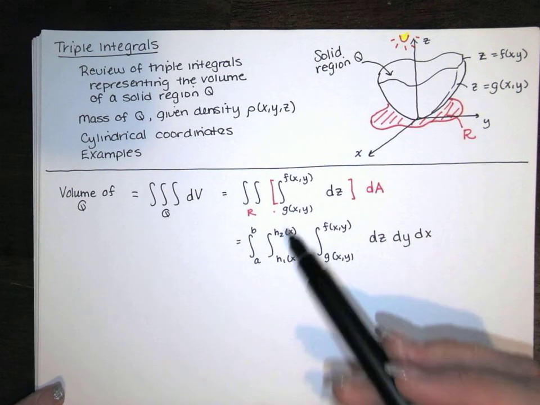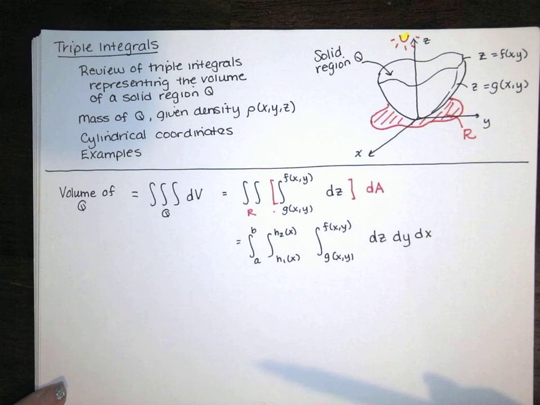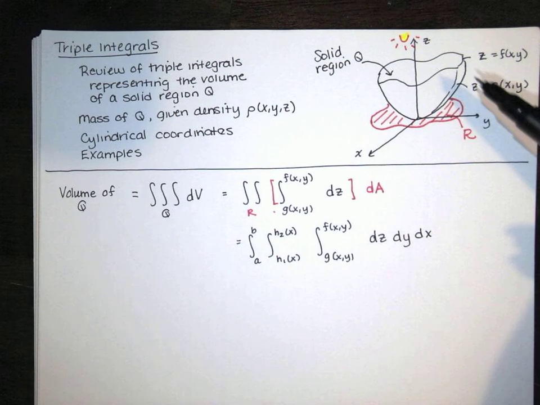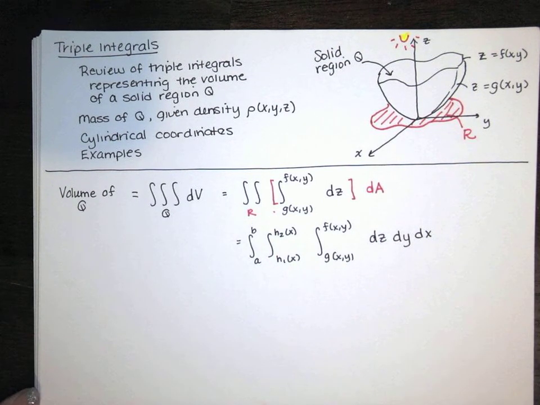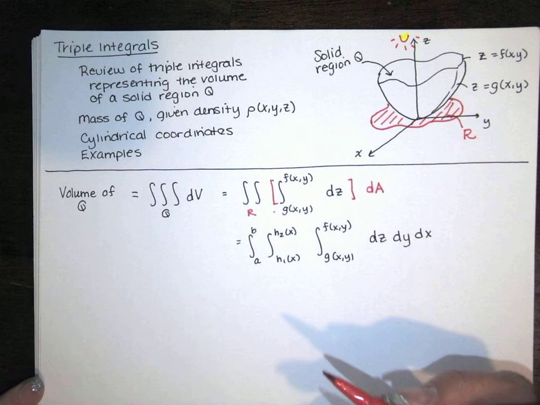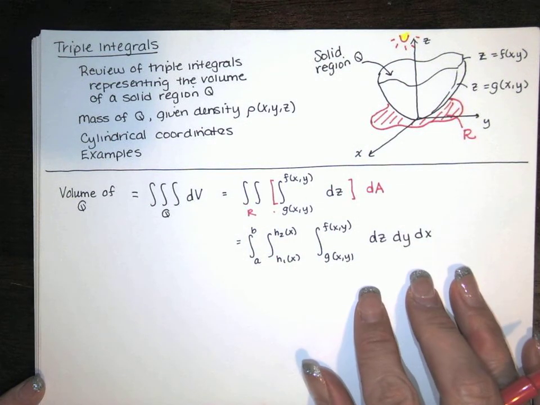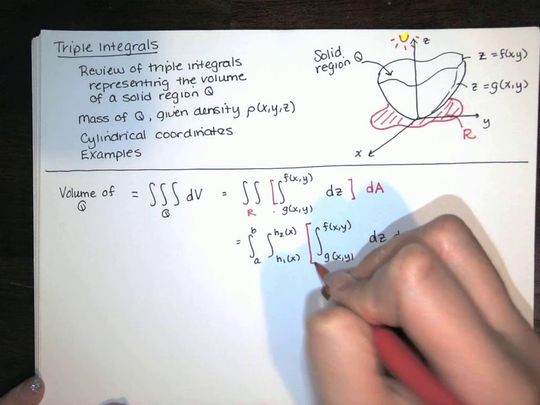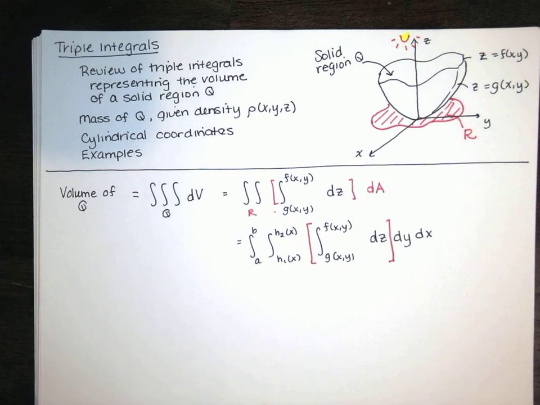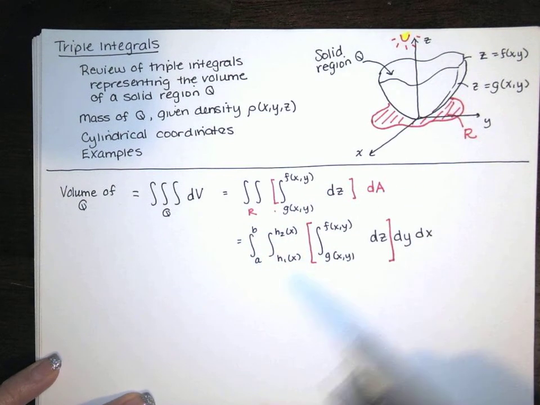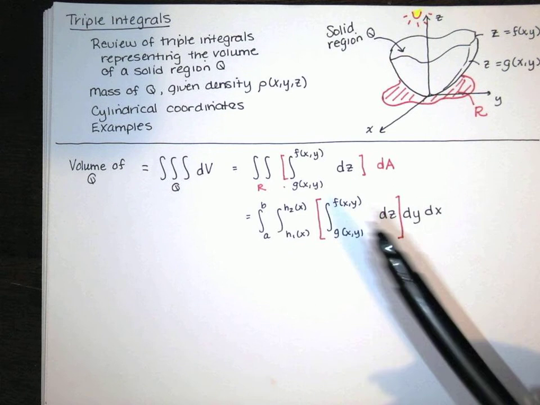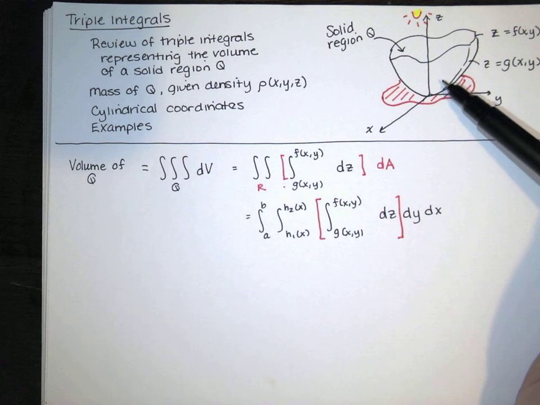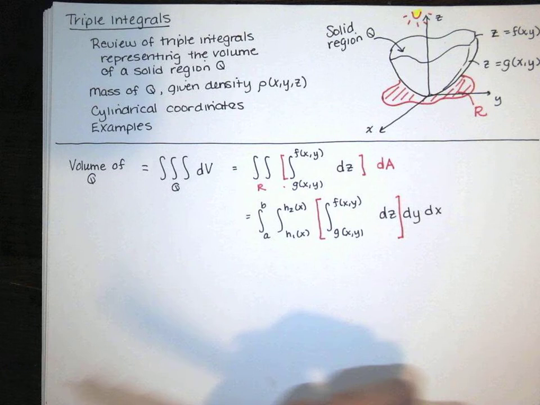X could go from a function to a function and y could go from a constant to a constant. We don't have to integrate with respect to z first, although I tend to think of it this way. But yeah, this is one possible order of integration. And the way I'm thinking of this is that these innermost bounds represent the bottom function to the top function for z.